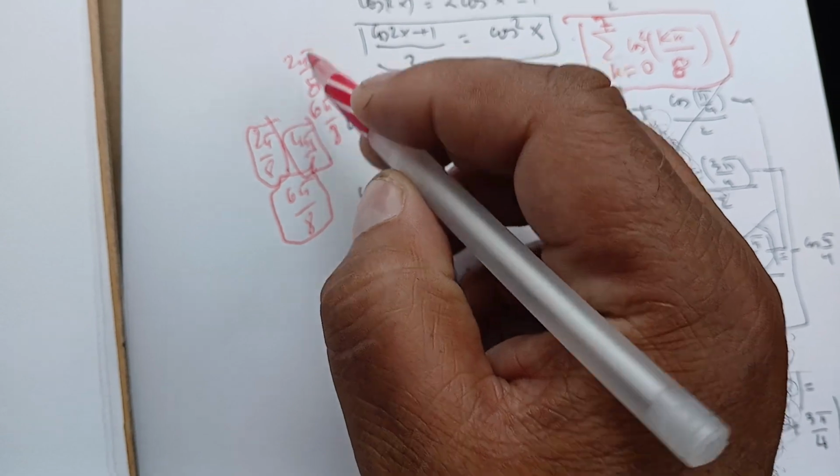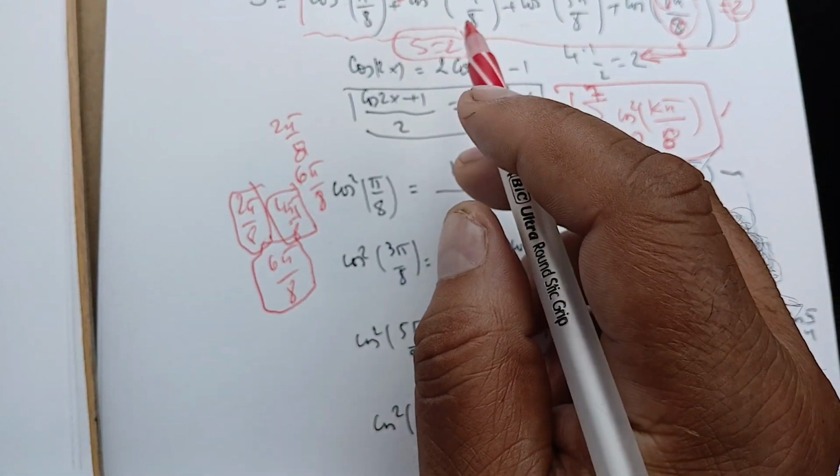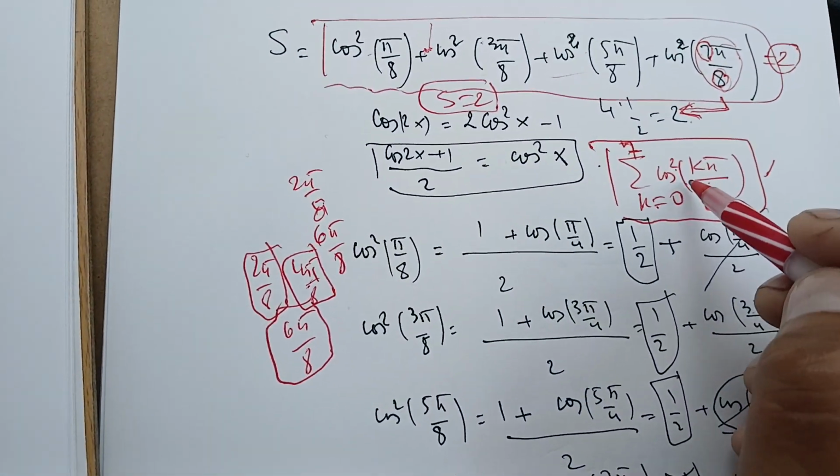So what happens if we add these to this sum? What would be the sum of s? It's a good question to work on. Thank you.